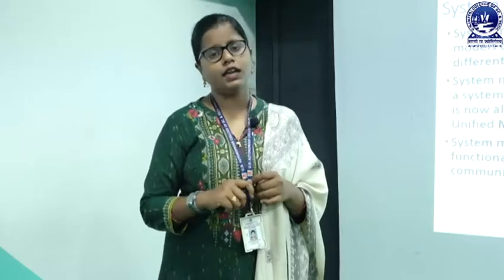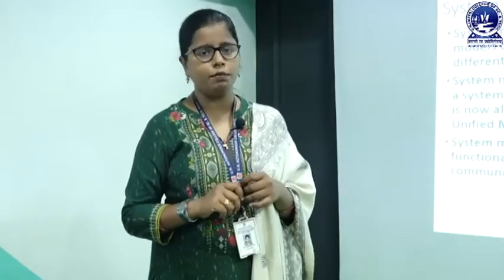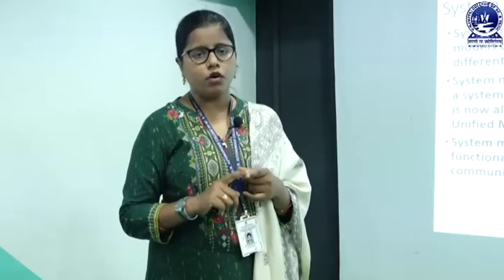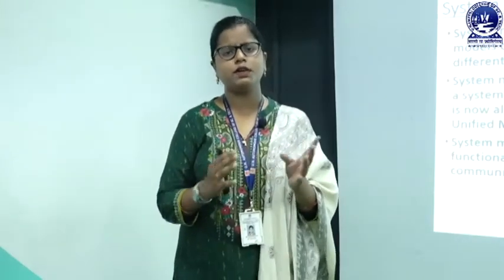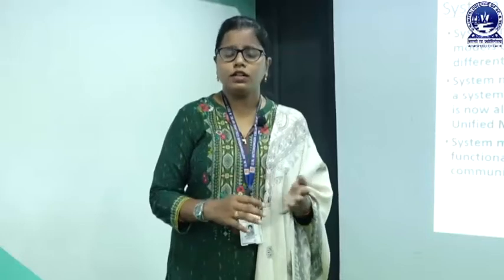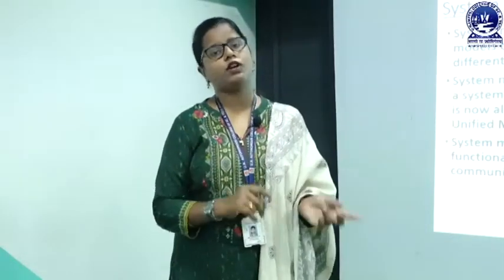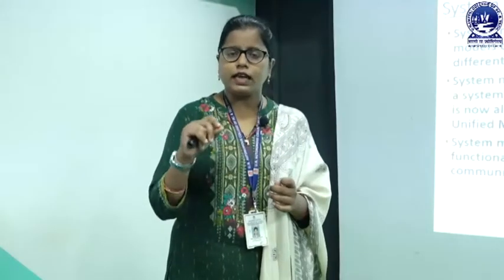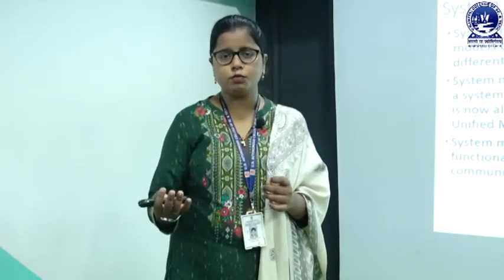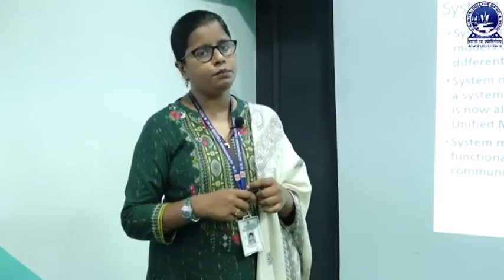And how can we do system modeling? That is by using the UML diagram, Unified Modeling Language. Like we have programming languages, C, C++, Java, Python, all of which are used to develop code for a computer. But in case of modeling, the language we use for a system model is the Unified Modeling Language, that is UML diagrams.